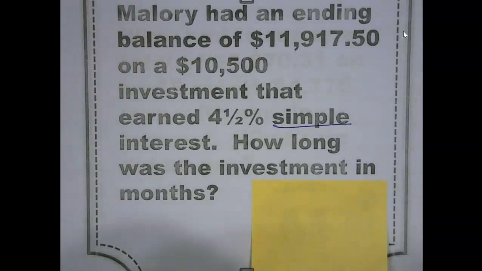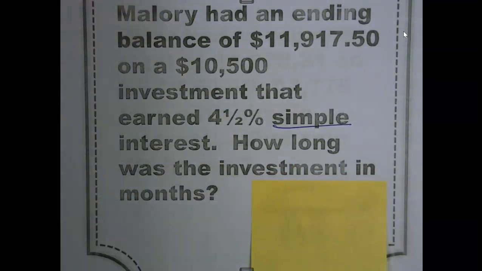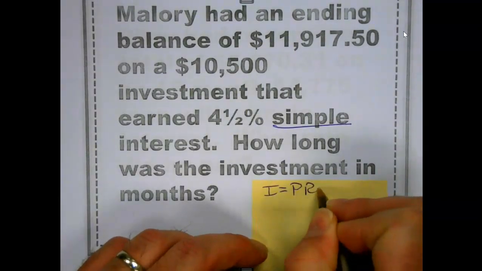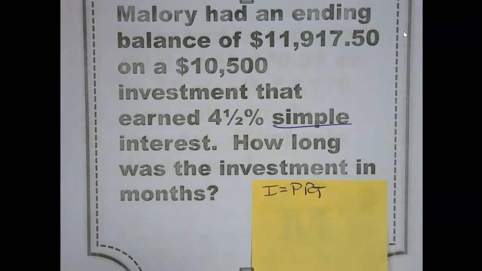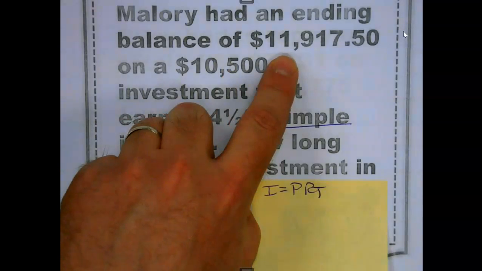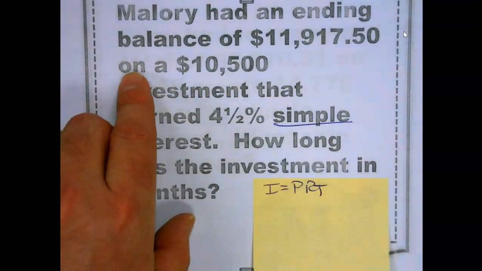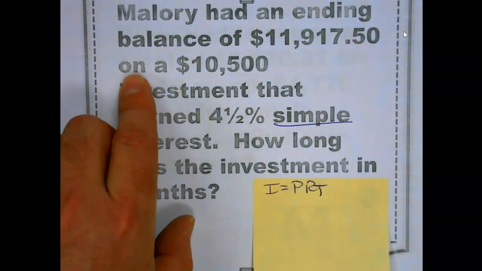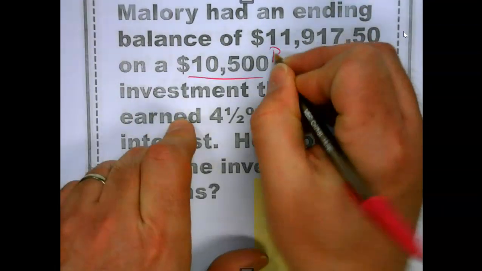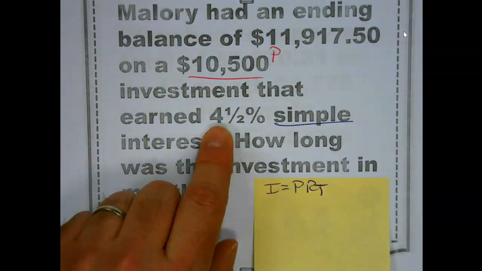So I'm like, simple interest, it's just interest equals principal times rate times time. So let's see what we got. Ending balance of this. You're like, okay, I don't know about that one, Hardy. That's all right. Let's see what we got here. $10,500 investment. There's my principal. 4.5%.